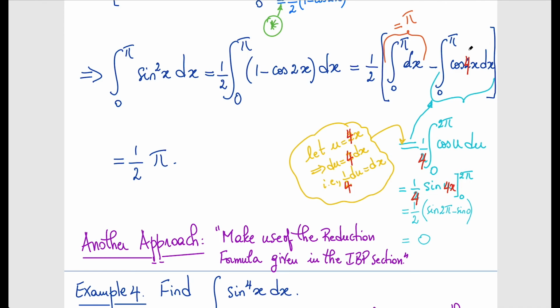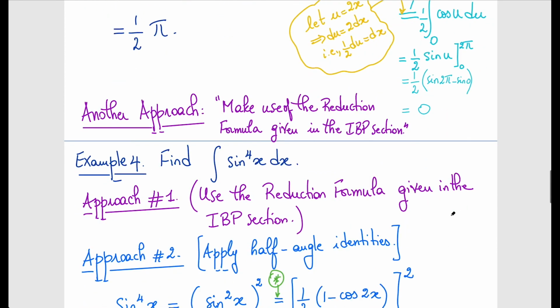So the indefinite integral that we have below, the primitive of cosine 4x dx, is simply 1/4 sine of 4x. Make sense? It's the same treatment. Try it on your own if you're not happy with this explanation. So let's keep in mind it's 1/4 sine 4x.